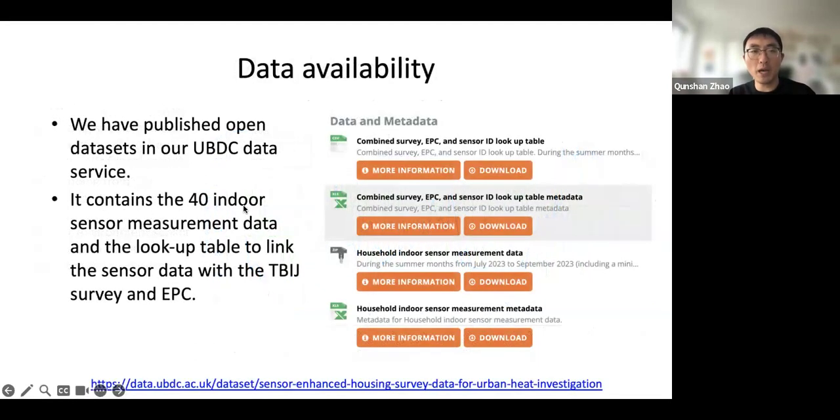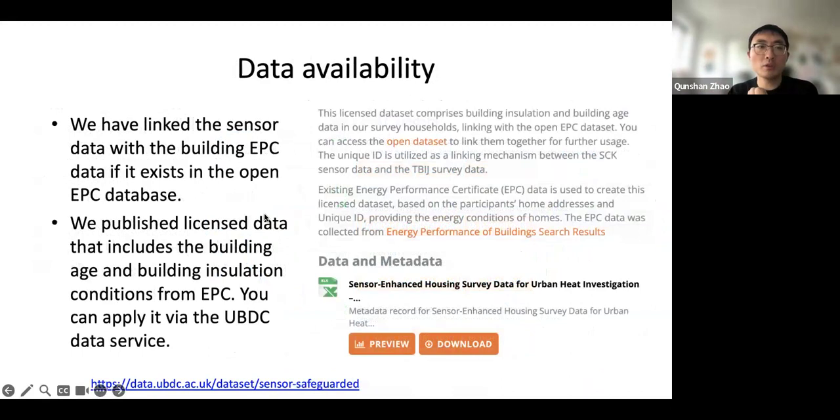We have published all this data online in our data service. It contains the 40 indoor sensor measurement datasets and a lookup table to link the sensor data, which is all the readings, with the survey and also the EPC. We also created a licensed dataset you can apply to get. You just need to sign the license with UBDC.